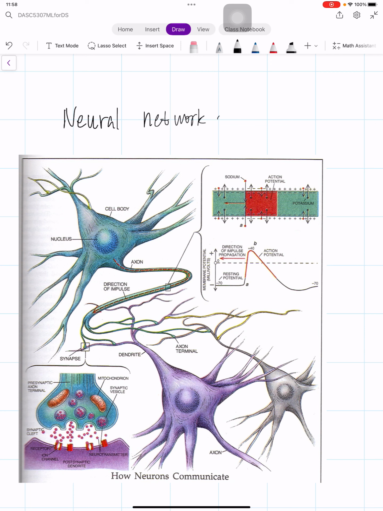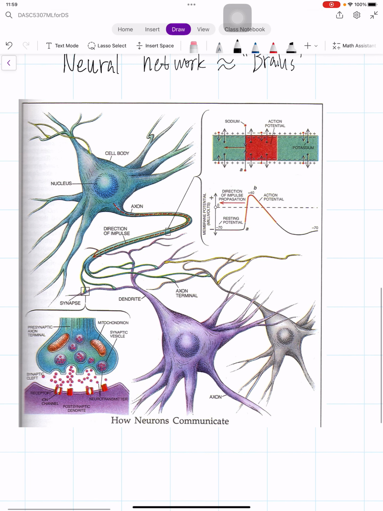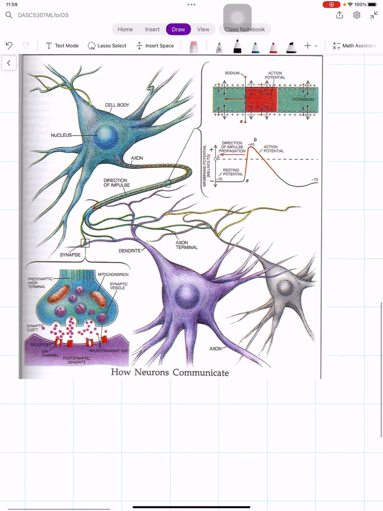So we try to mimic the neural network by mimicking the human brain. Let's take a look at the similarity between the neural network and the brain.